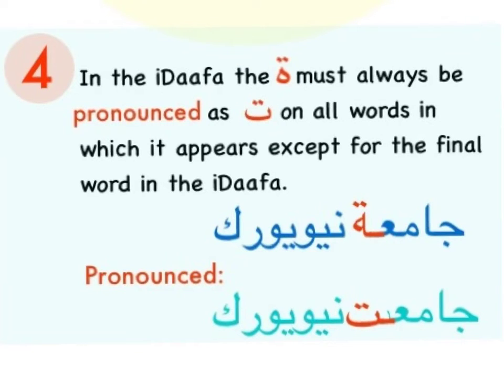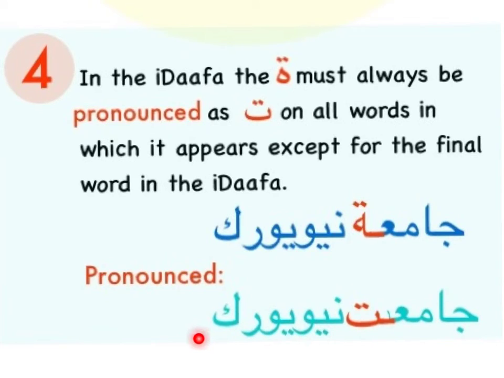Another thing to keep in mind is that in إضافة, the ta marbuta must always be pronounced as ta. So you have جامعة alone, you don't pronounce it as ta. But once it gets into إضافة, like in جامعة New York, did you hear the ta? Again, جامعة New York. This is how it should be pronounced, as a ta.